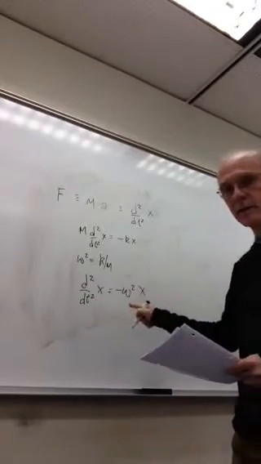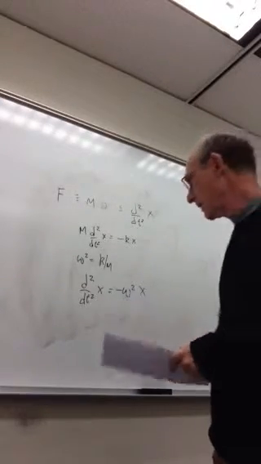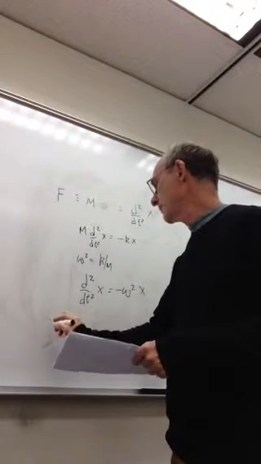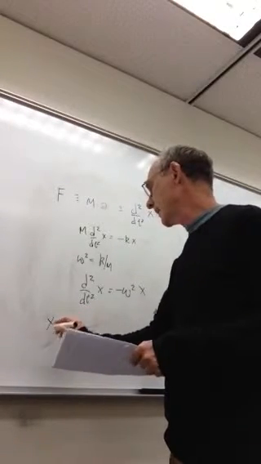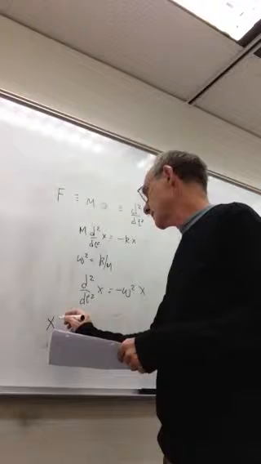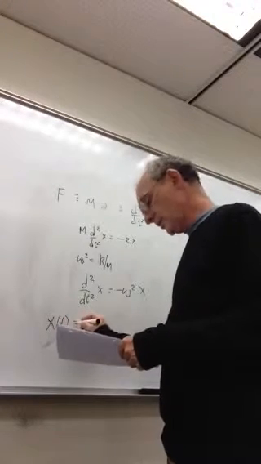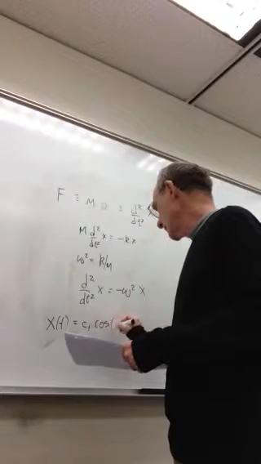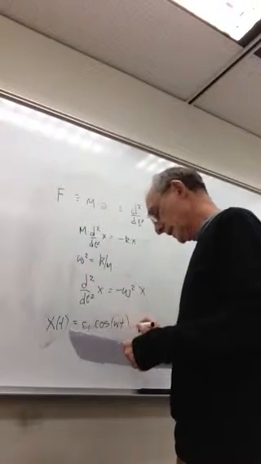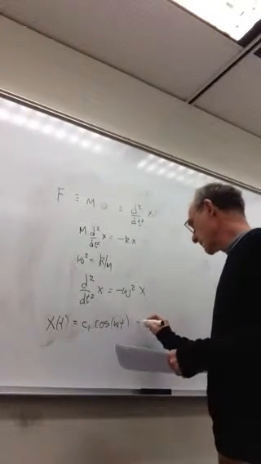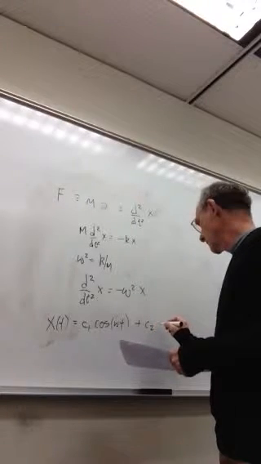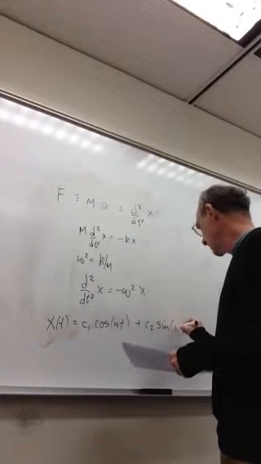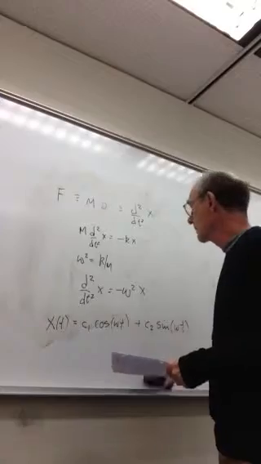This equation is well known in physics and in mathematics, and it has a solution x of t is equal to some constant c1 times cosine omega t plus c2, another constant, times sine omega t.